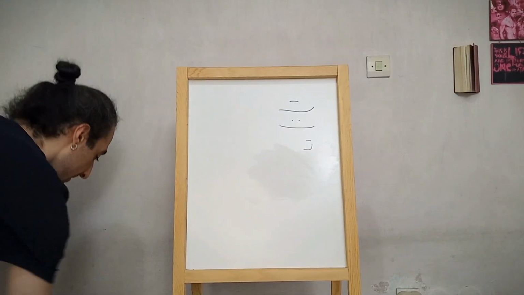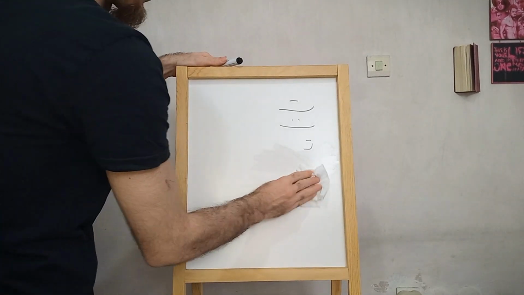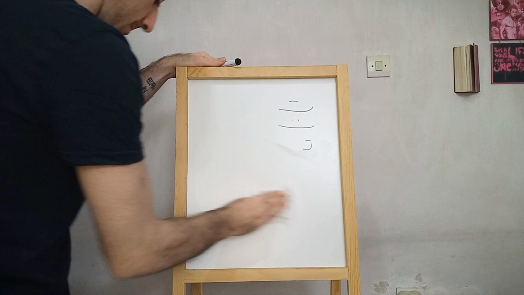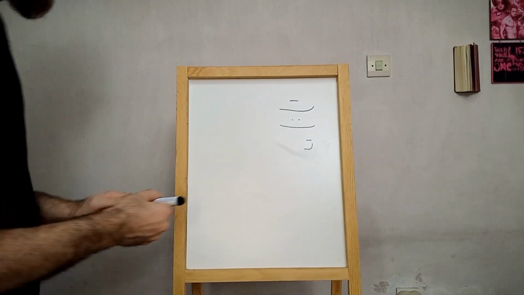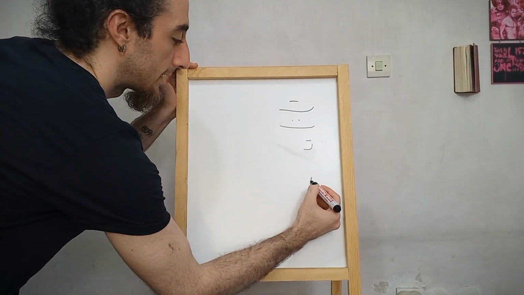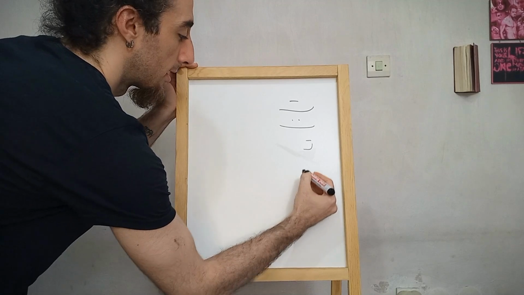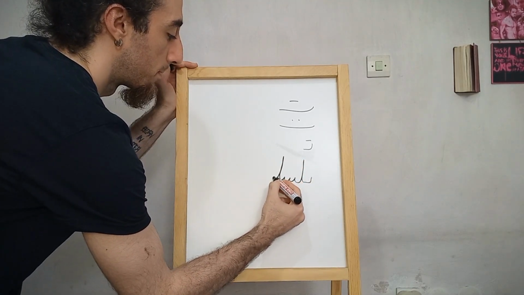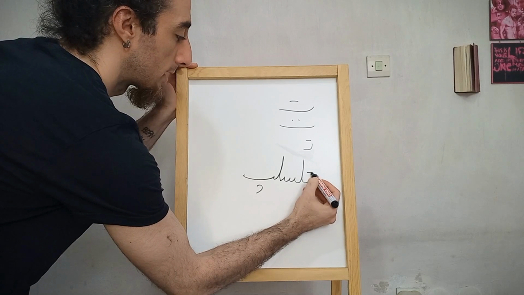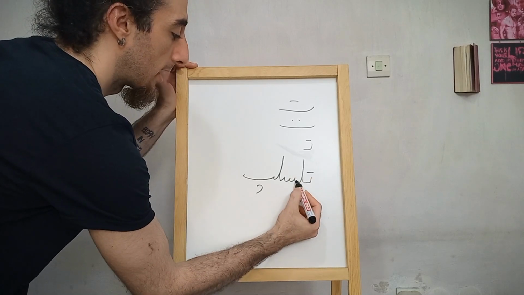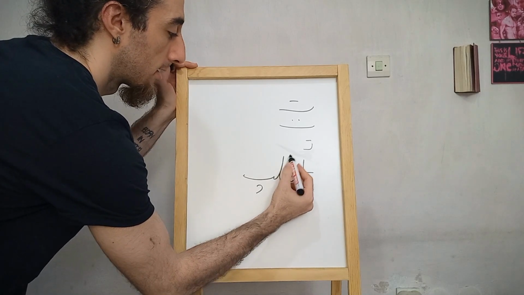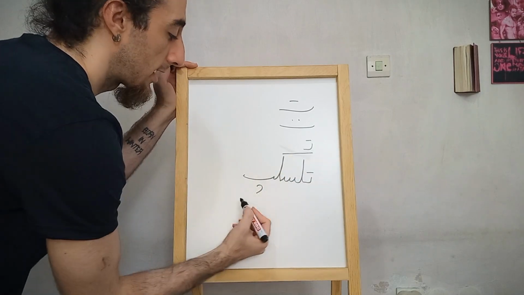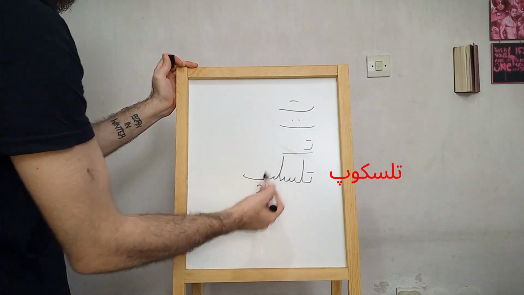Someone asks: I don't understand where is T, where is Y, L, K, F. Good question. Okay, this is telescope. So T, L, K with that crooked hat, and P. Telescope.